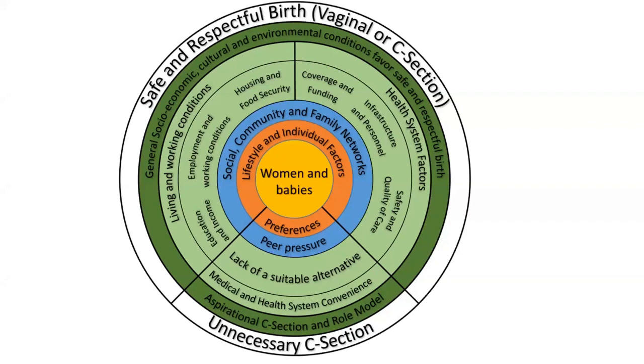You realize sometimes a small delay in the labor suite, because theater is occupied, results in some mothers delivering before. If you act fast, you could have done a cesarean section, but because there was a delay somewhere, some of the mothers will push. And then it also depends on the quality of care, and quality of care is very important.